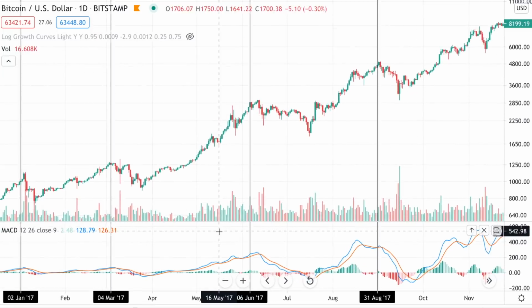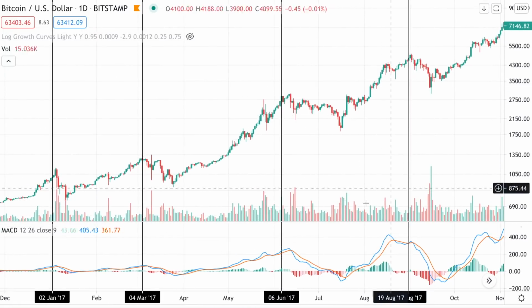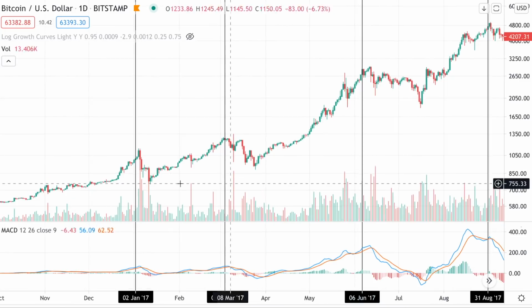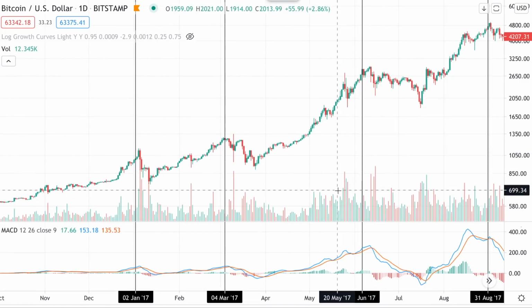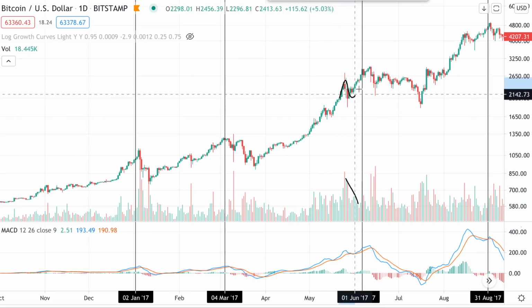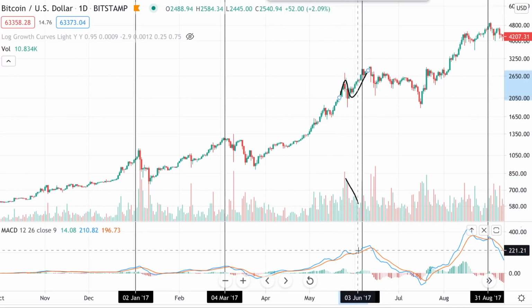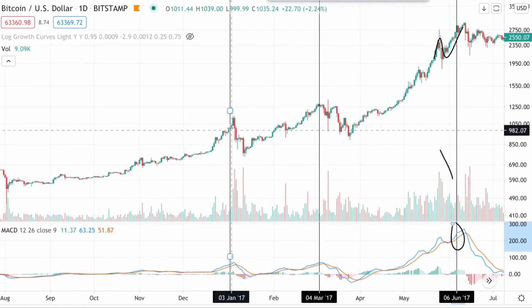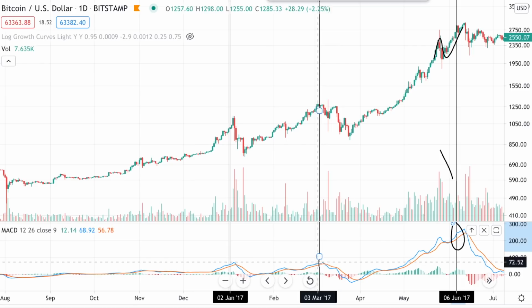Let's take a look at this next top right here. No declining volume, no real divergence on the daily chart. You've got a little bit of declining volume right here. You did have a high and then another high with declining volume, but no divergence. And same thing with these tops here. No volume decline and no MACD divergence.